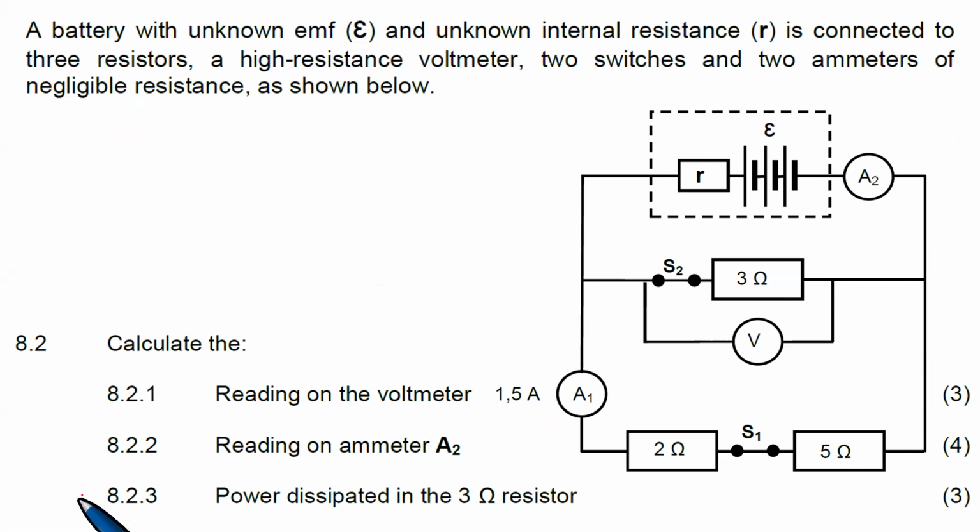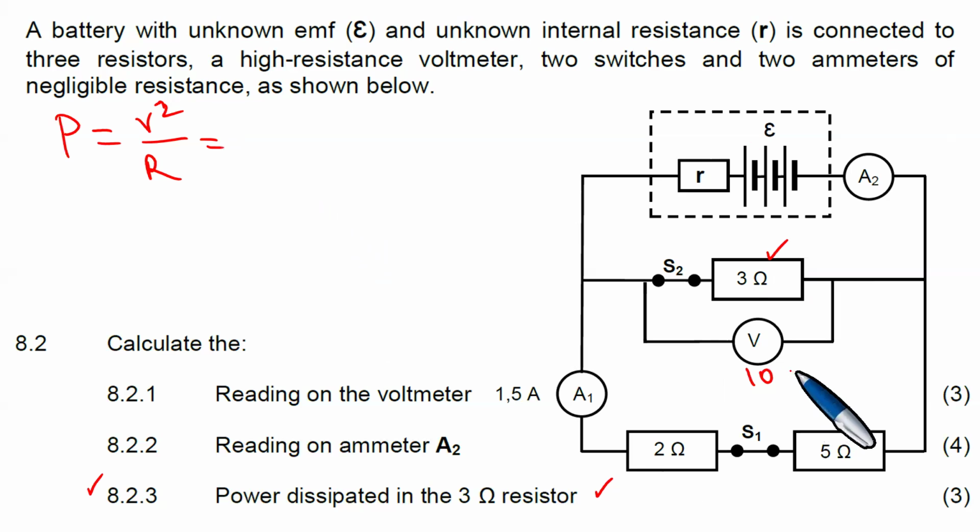So to determine the power dissipated in the 3 ohm resistor, you would have exactly the following. We already know that power is V squared over R. And so if power is V squared over R, but we want the power dissipated in the 3 ohm resistor, which is this one.